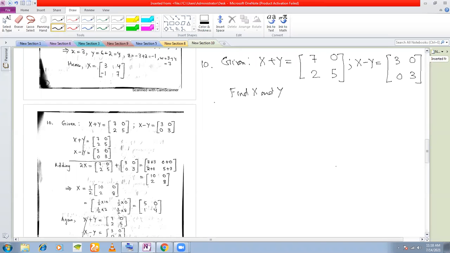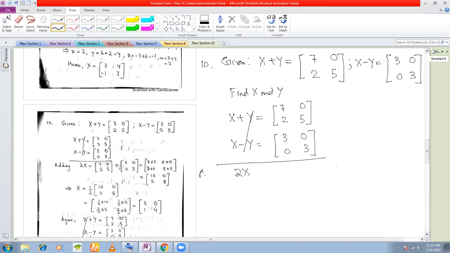Now, if you see, these two are simultaneous equations, but they are matrix equations, so you can solve them. So write this as X plus Y is equal to 7, 0, 2, 5. And you write X minus Y also 3, 0, 0, 3. We solve this by elimination method. Add these two so that this gets cancelled.